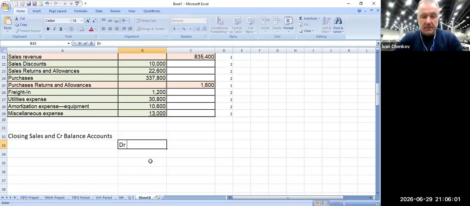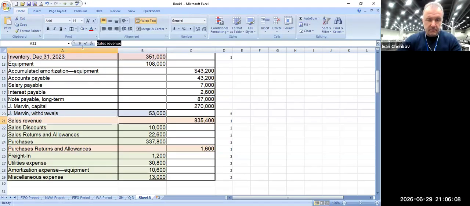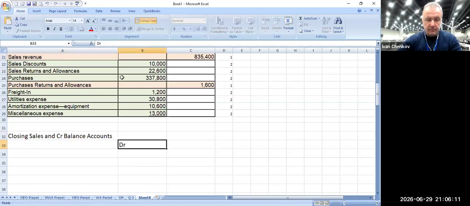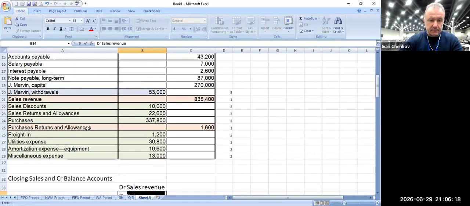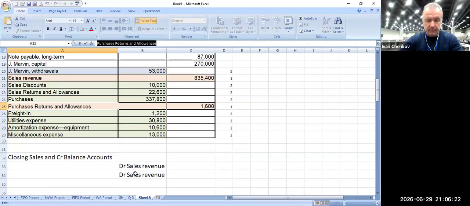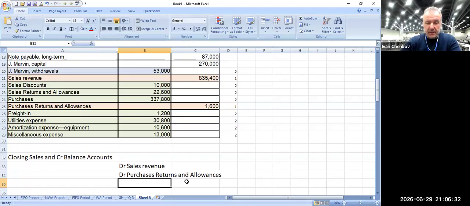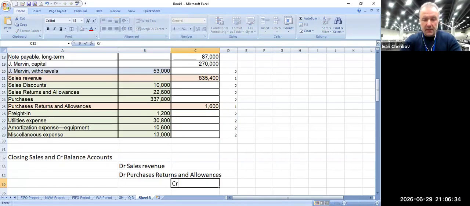We're gonna have debit, sales revenue first. Then we're gonna have debit, purchase return allowances. And we're gonna close, as we said, everything in income summary.